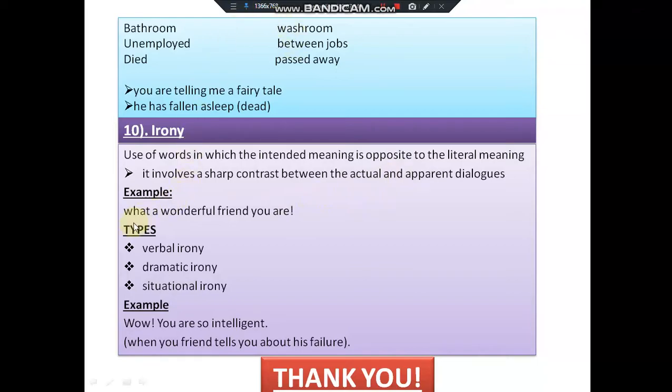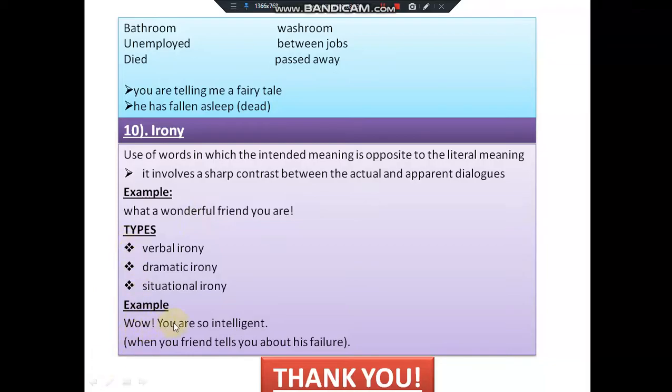For example, if I say, what a wonderful friend you are, it means you are taunting, talking satirically to your friend. It means your friend is not a good person. What you have expressed is opposite to what is in your mind. Your friend is not a wonderful personality.